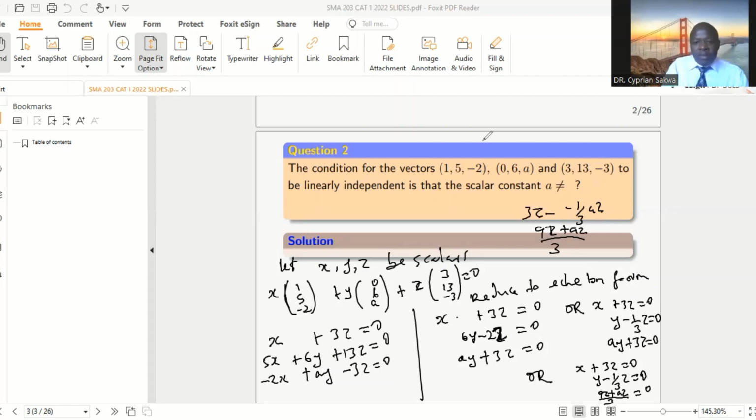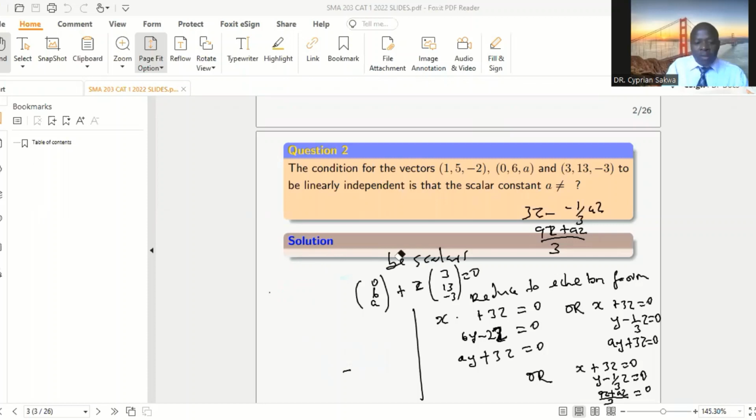Then write it in enough space. I want to write that last equation here so that you can see it, because it's what we shall use to get the condition that we are asked to show.